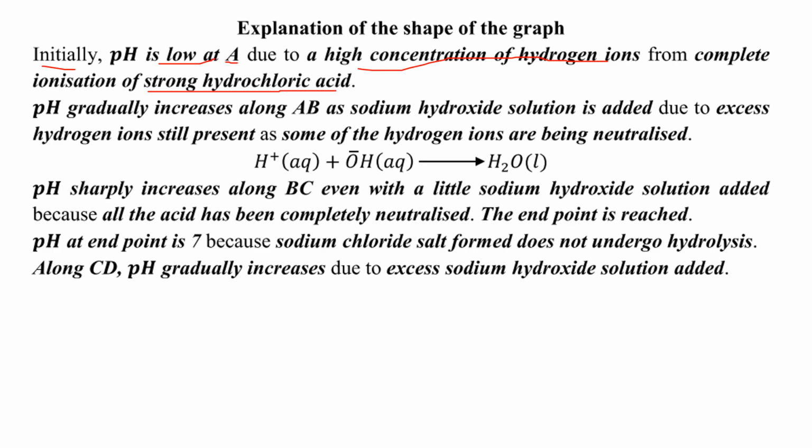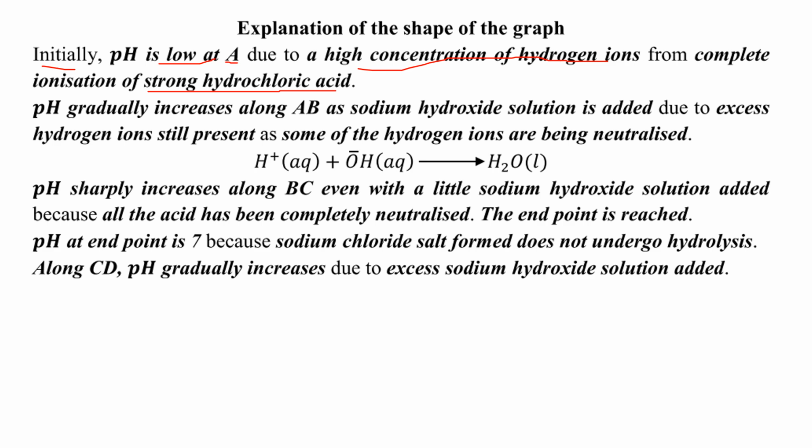And once hydrogen ions are present in excess, pH is always very low, normally below 2. That's why our graph at point A is initially near 0, just slightly above 0, because HCl is a strong acid and it fully ionizes to form a high concentration of hydrogen ions in solution.